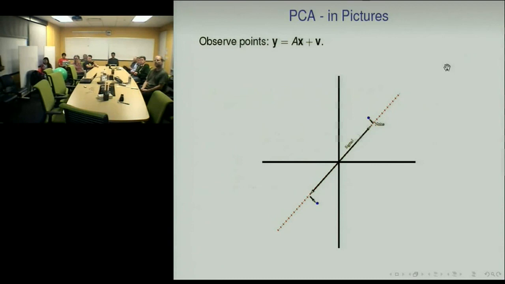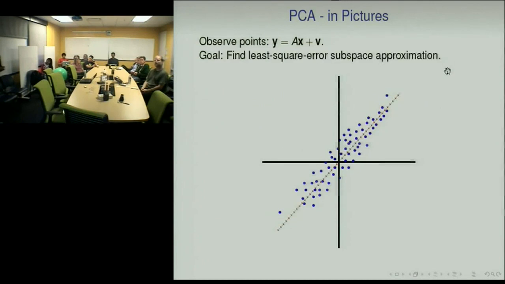So we have a signal perturbed a little bit by small noise, and you see this picture. Everybody's happy. You can learn it and find A, and that's going to be the least squares error subspace approximation. You're finding the subspace that has the minimum error, or equivalently the best compression scheme for your data. So that's PCA.